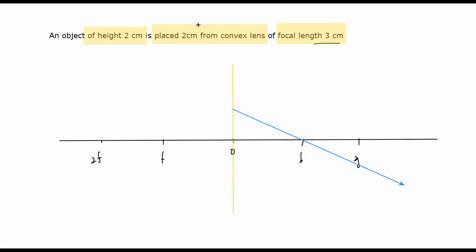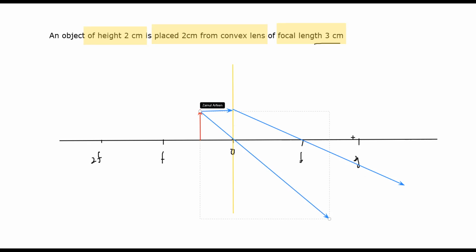You can also try on your figure, you will find. So the image will not form. So image is not forming in reality. Like first the parallel passes through focus and one through the center, it will pass straight. So in reality, there is no image.